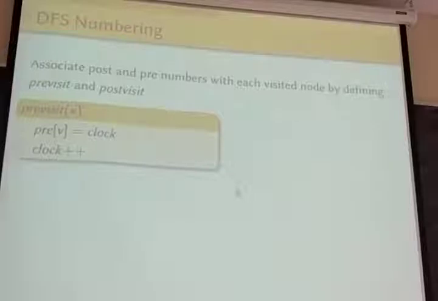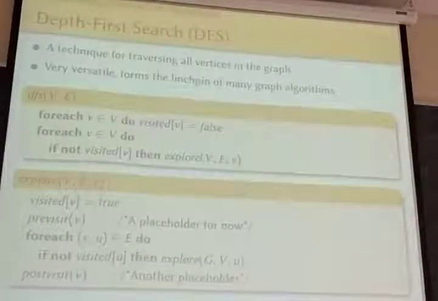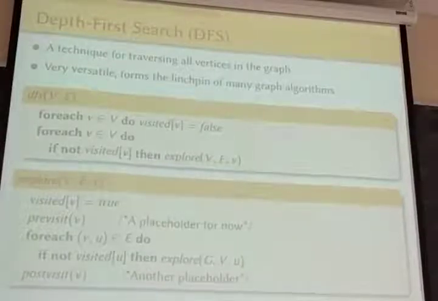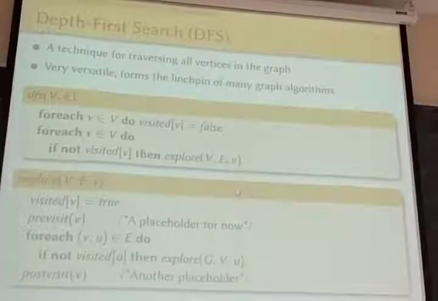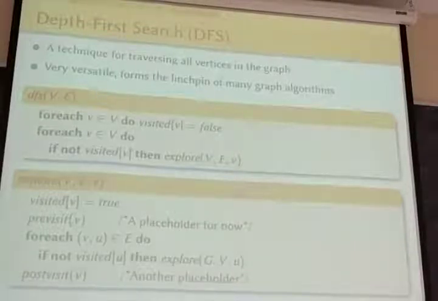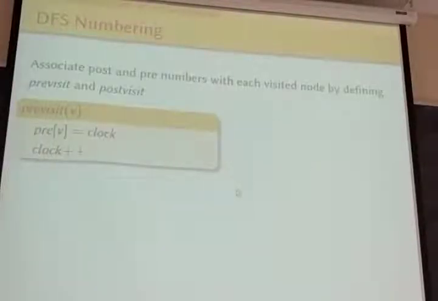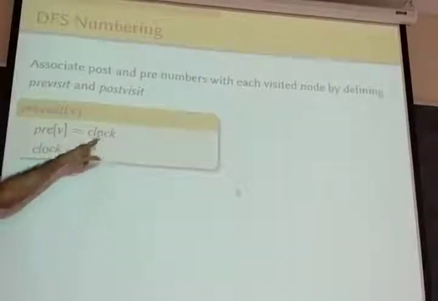We are going to associate some numbers during the DFS. Okay, so we said earlier on we will take some actions before going in and after calling explore. So right now let's just define this action as simply adding a number to the node, right? So we are going to keep a global counter, which for whatever reason is called clock.